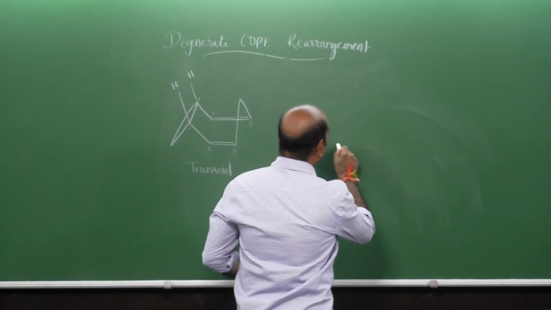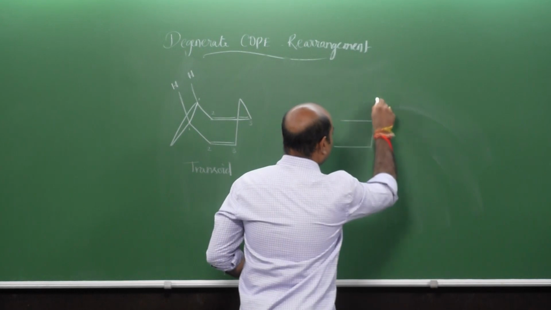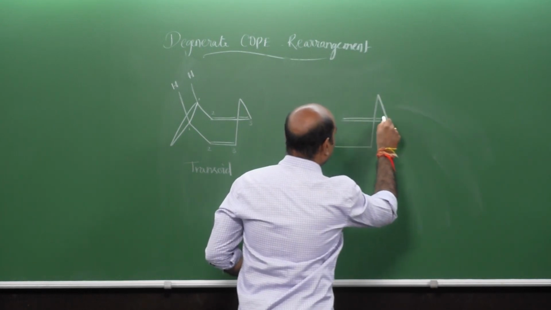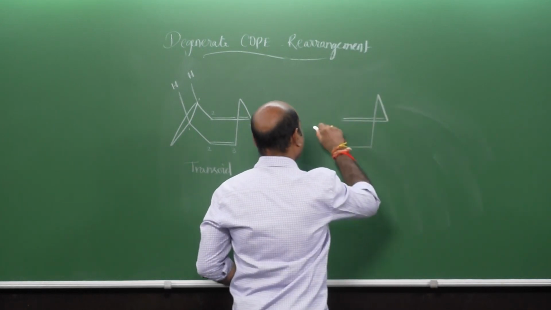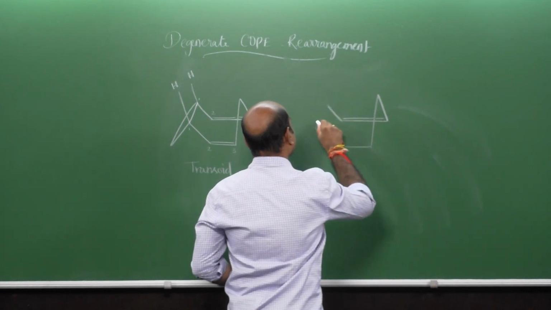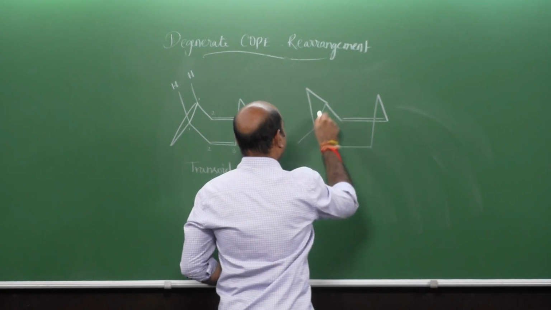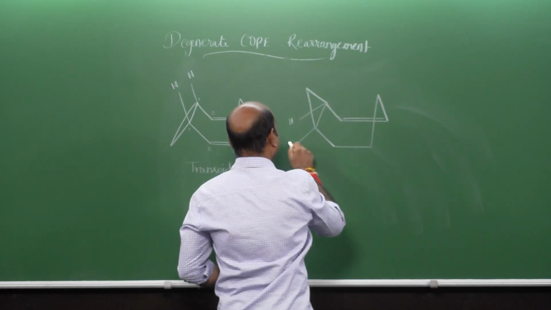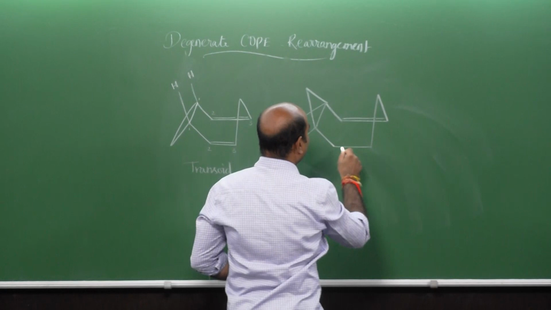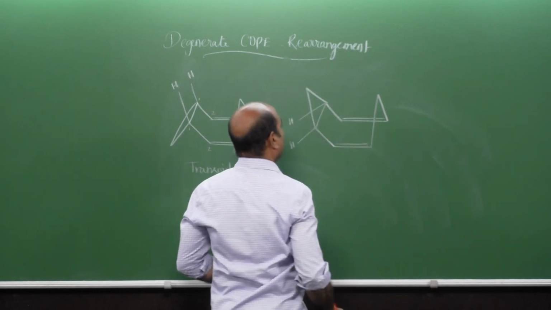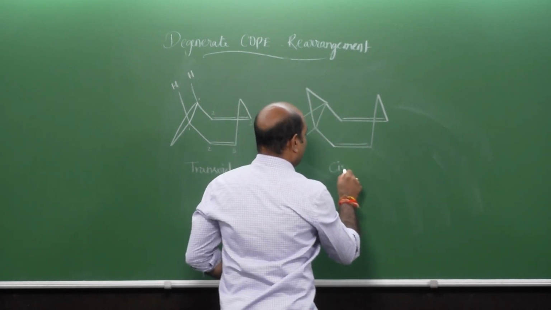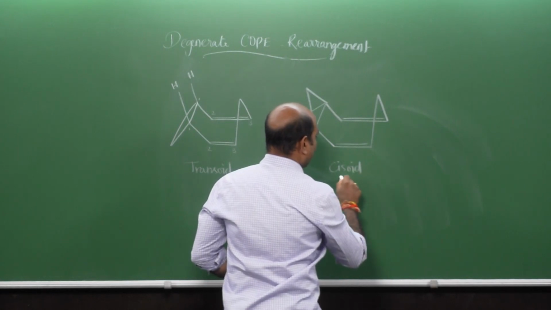So, if you want to look at the cissoid conformation, then the molecule will look like this. So, the hydrogens are in this way and this is another double bond. So, this is the cissoid conformation.